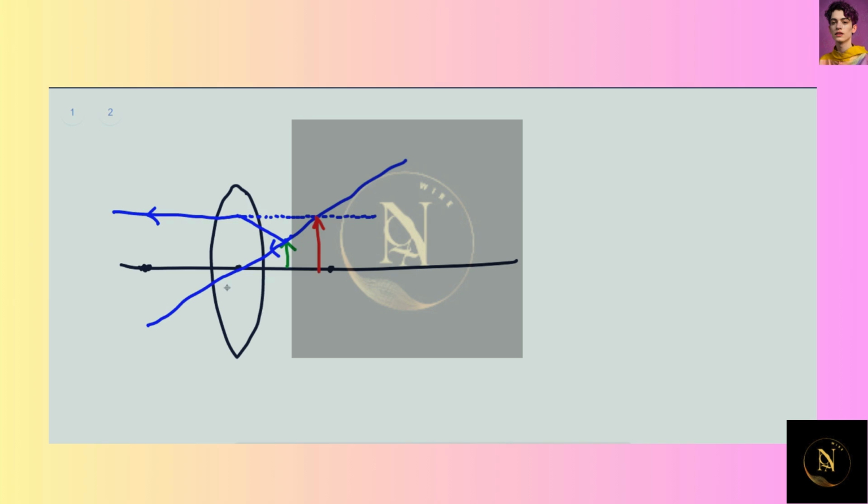So this is s, and this is s prime. And the distance from here to here is f.